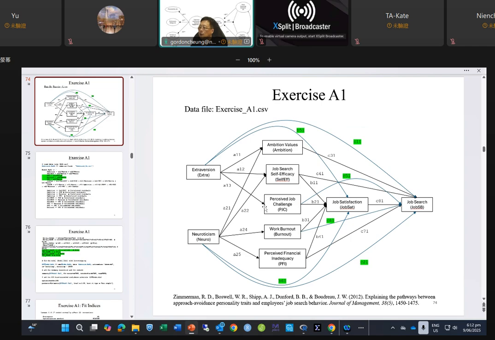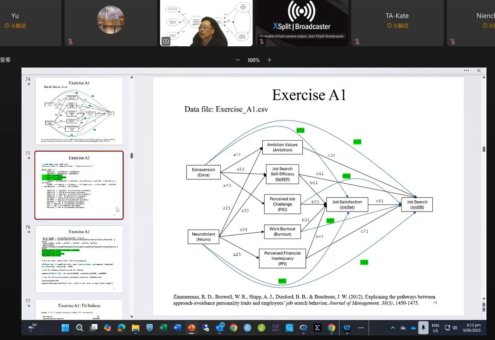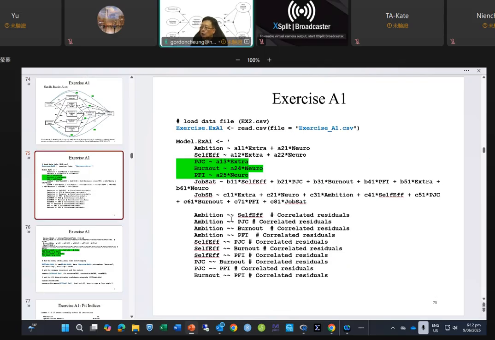So we need to covary the residuals, just like before. Ambition covary with self-efficacy, ambition covary with PJC, ambition covary with burnout, ambition covary with PFI, etc. So these are all correlated residuals.